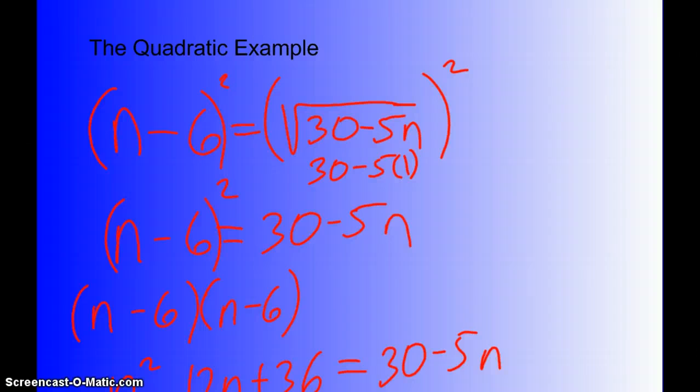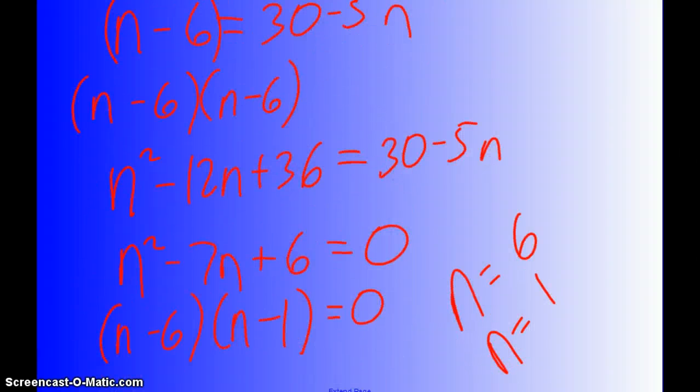And so if we plug in 1 here, 1 minus 6 is negative 5. So we get negative 5 equals the square root of 25. Well, that's not true. The square root of 25 is 5. 5 does not equal negative 5. So therefore, 1 is an extraneous solution.